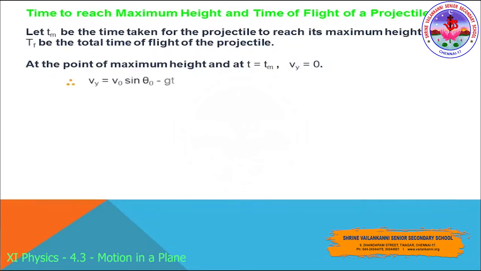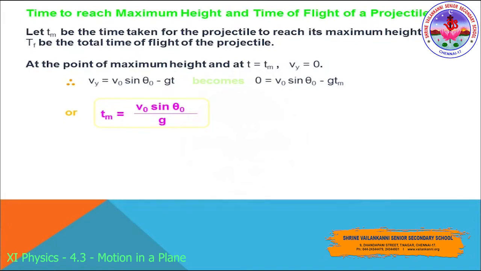So v equal to u plus at, where u is V naught sin theta, so v equals V naught sin theta minus gt. Because v is 0, 0 equals V naught sin theta naught minus gt. So t equals V naught sin theta by g. This is the time of maximum height.